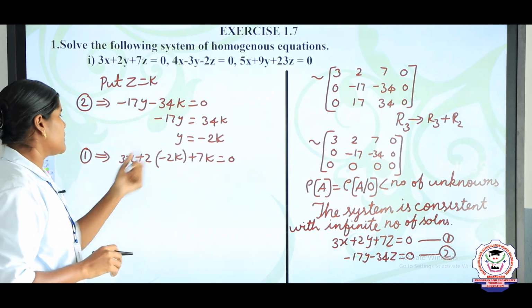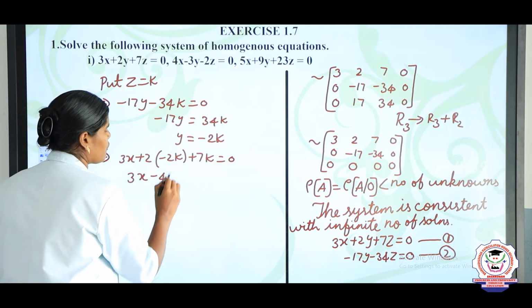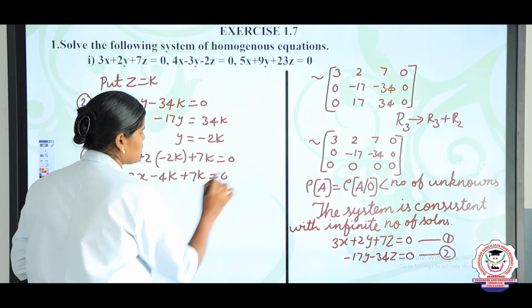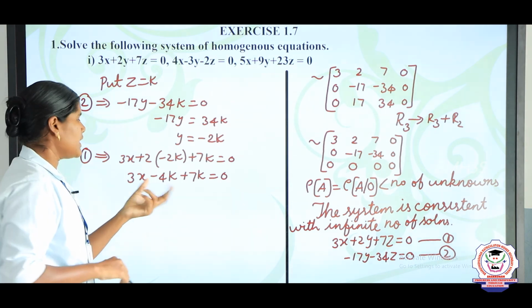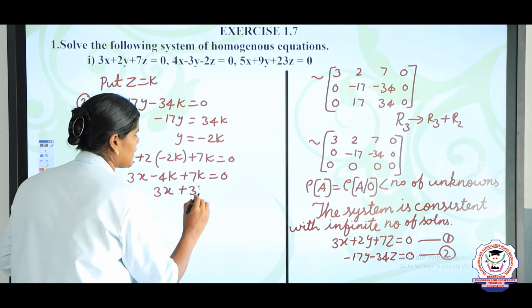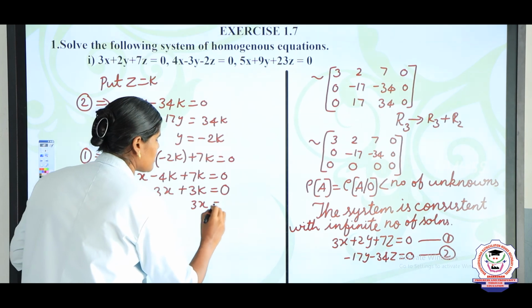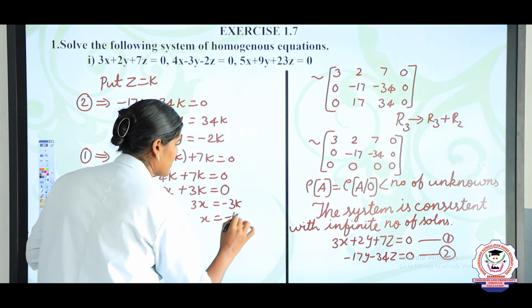So, I am going to multiply these terms, then we get 3x minus 4k plus 7k, which is equal to 0. So, 7k minus 4k will be 3k. So, 3x plus 3k is equal to 0. So, 3x is equal to minus 3k. So, x is equal to minus k.